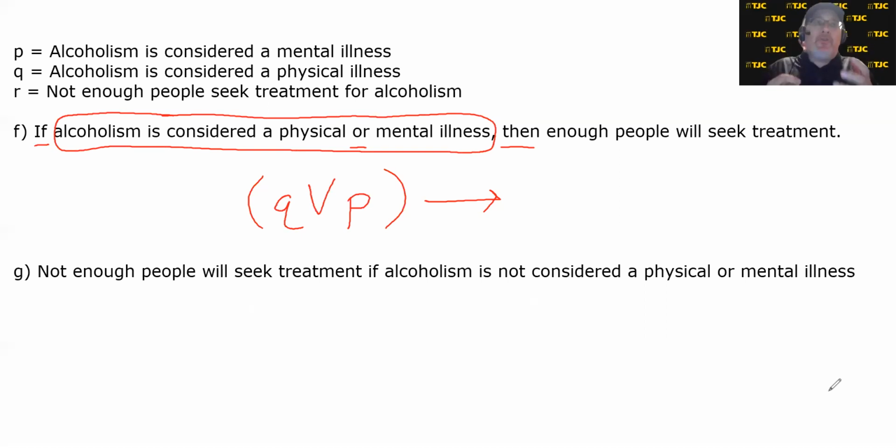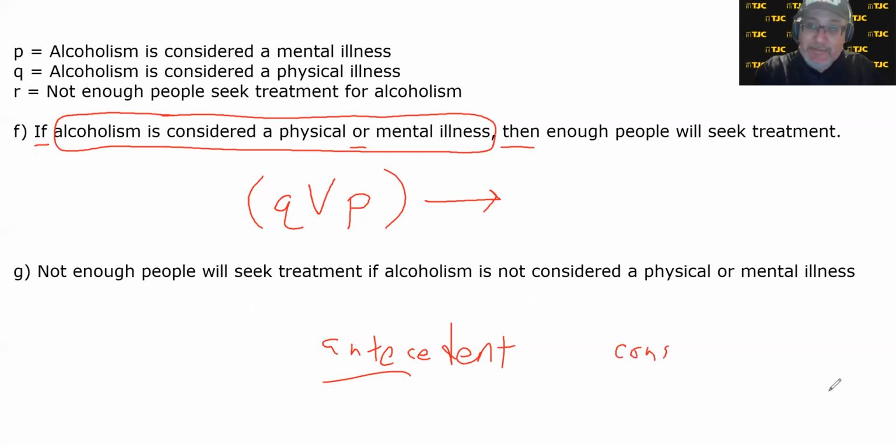I'm trying real hard to not call it the antecedent, but in a future video, we'll learn that the left part of an if-then is called an antecedent, A-N-T-E-C-E-D-E-N-T, the prefix ante meaning before, and the part that follows is called the consequent. I'm kind of giving you a preview of this, but the parts of an if-then have names, the antecedent and the consequent. I'm trying not to call them that, but I just want to let you know in case I do.